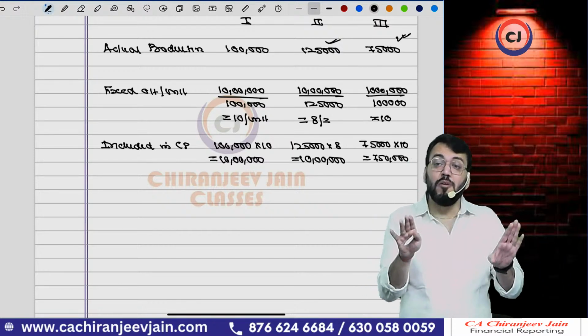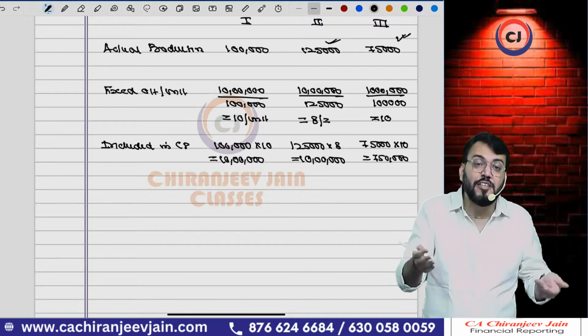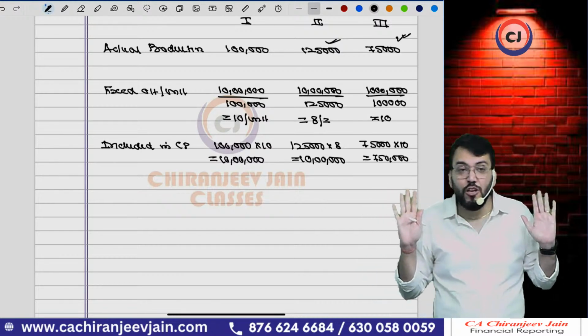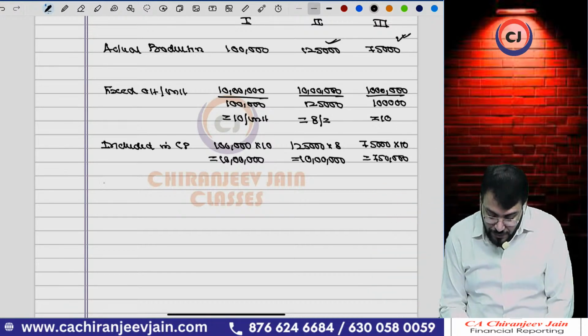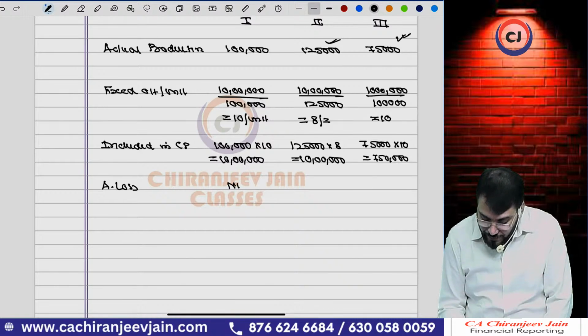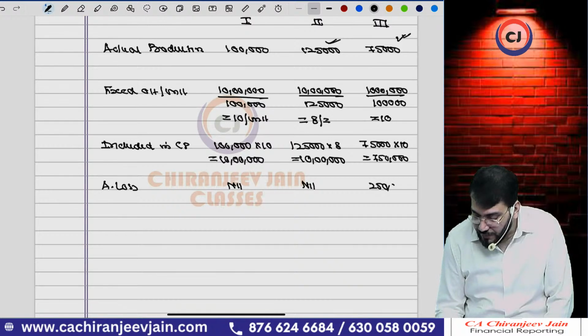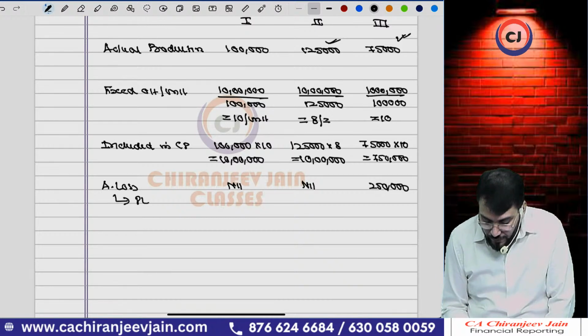So abnormal loss will never be included in the cost price of inventory. In this case it is nil in the earlier situation, and in this case it is 2,50,000 which will be charged to profit and loss account.